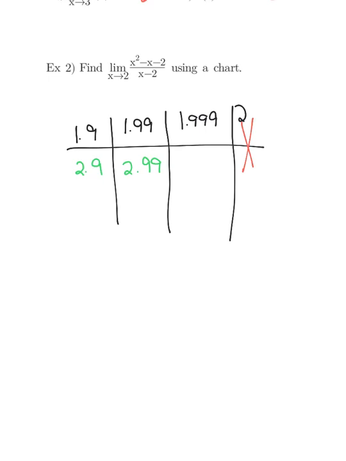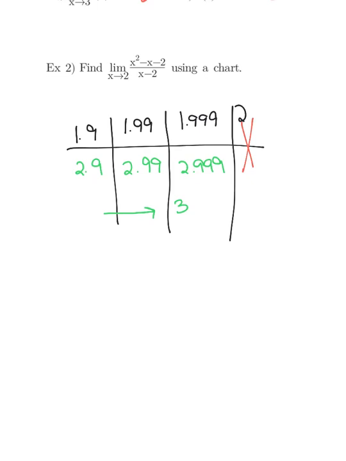And if you put 1.999 into the function, you will get 2.999. So we can see as we are approaching 2 from the left that the value of our function is approaching 3.